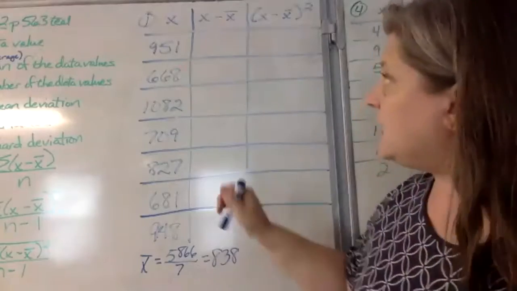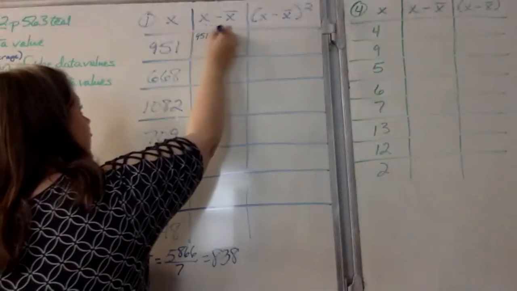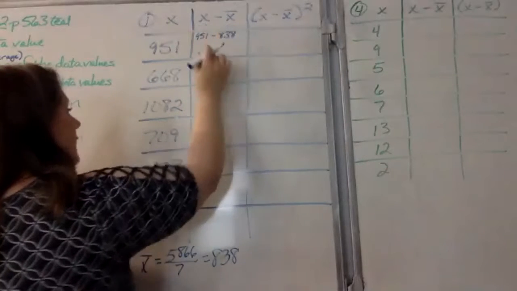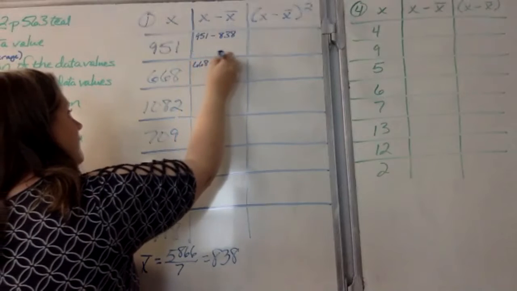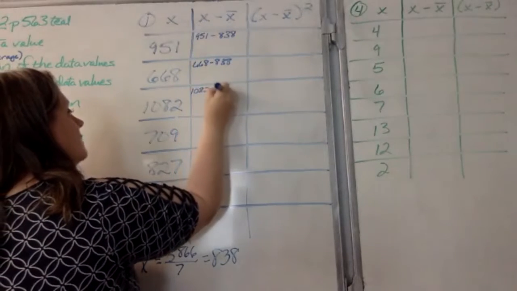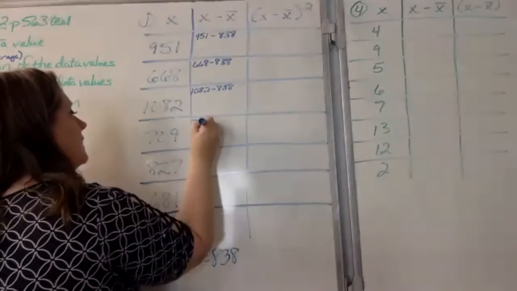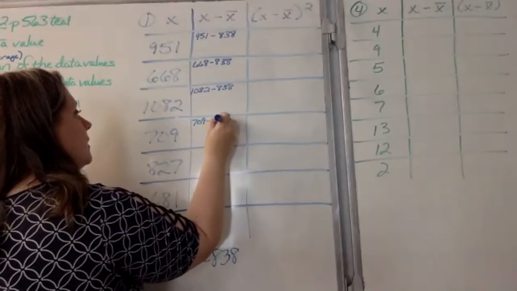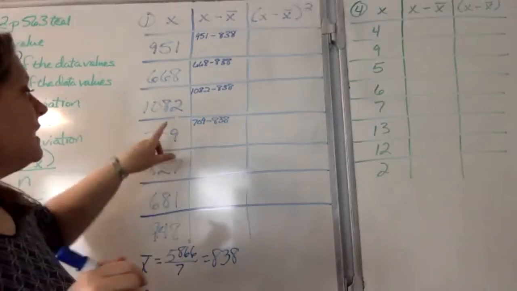So I'm taking 951 minus 838, and I'm getting the answer. I'm taking 668 minus 838. You're taking each one of your data values and you're going to subtract that mean from it. Now notice, it doesn't matter if it's bigger or smaller than the mean.